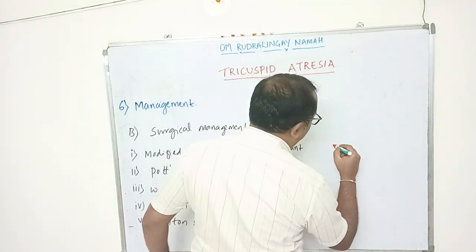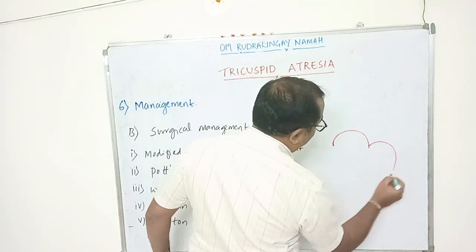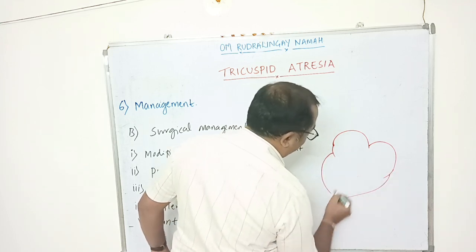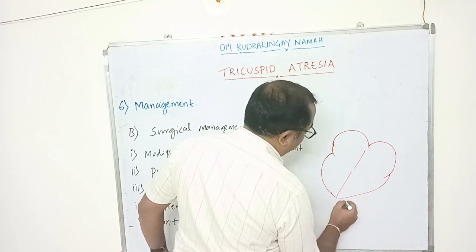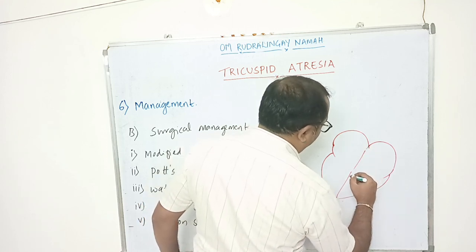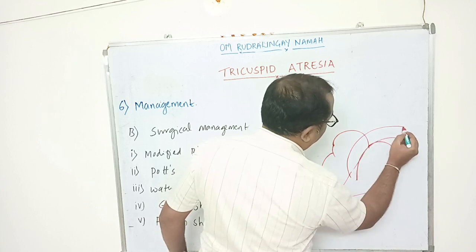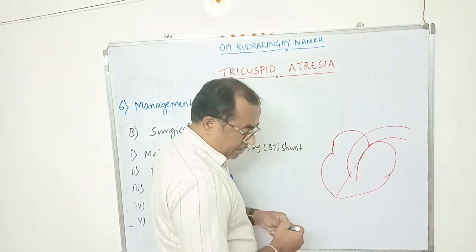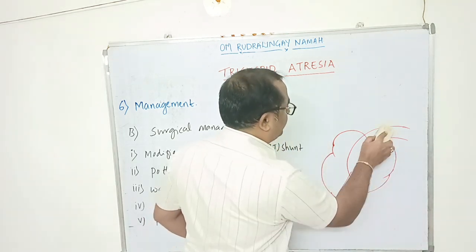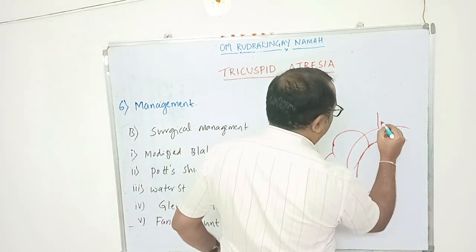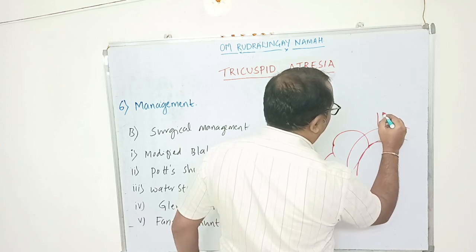So what do you do in this one? So this is the heart. This is the aorta. This is a subclavian artery.